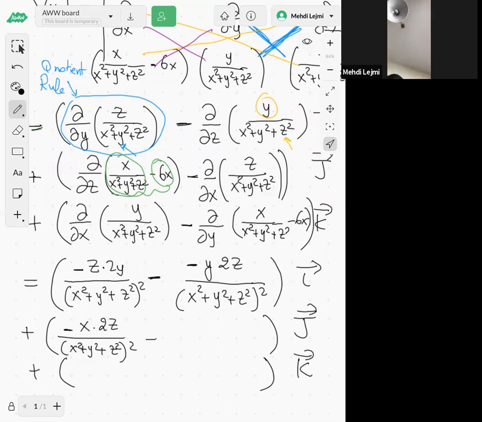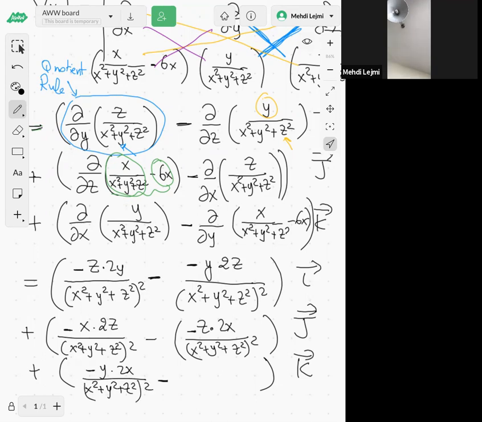All right. So for the derivative with respect to x of this z component, it's the same thing. We're going to have minus z times the derivative of the bottom, which is 2x, over the square of the denominator. And for the third component, the coefficient of k, the derivative with respect to x, again, it's minus y times 2x over the square of the denominator.